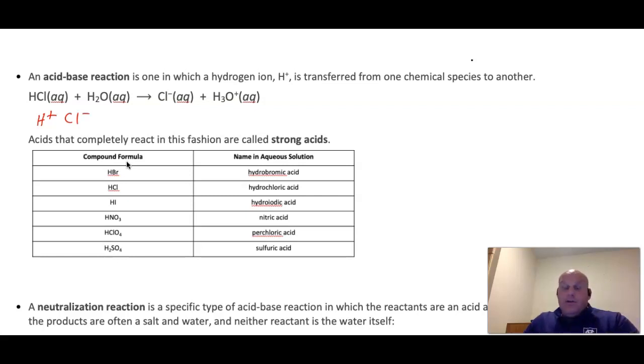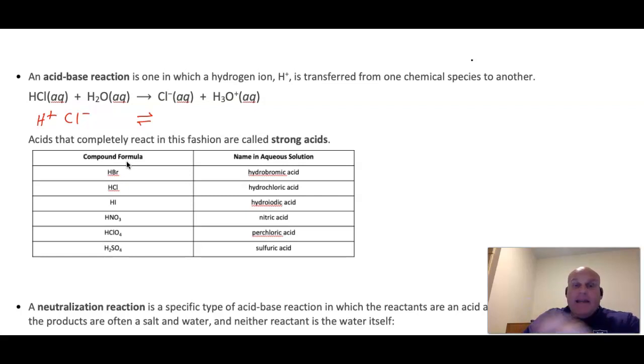That only occurs for these strong acids. Weak acids do not dissociate completely. So although it's covered in this section, I'm not going to spend any time in this video at the moment talking about weak acids. But just to know at this point, if I had a weak acid, I would actually change the yield arrow to a double-sided arrow like this, because I don't get a full reaction to completion like I would with a strong acid here.